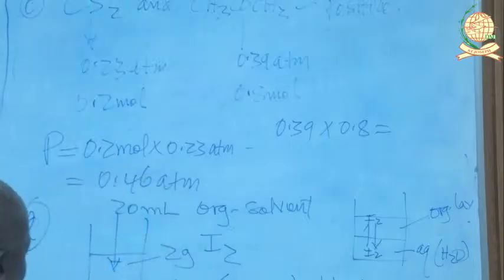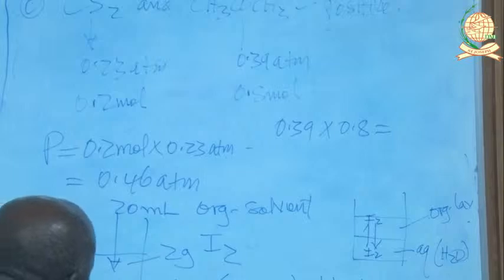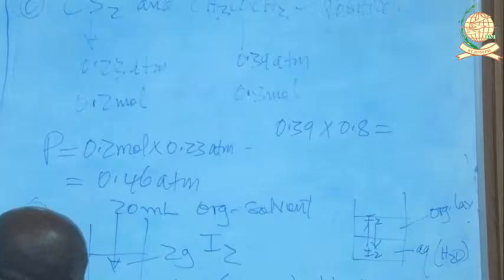So here we apply the distribution formula. That is the concentration of iodine in the organic layer divided by the concentration of iodine in the water layer.